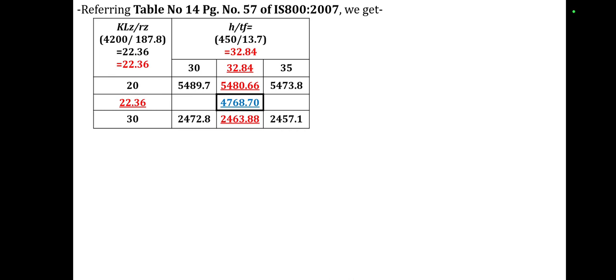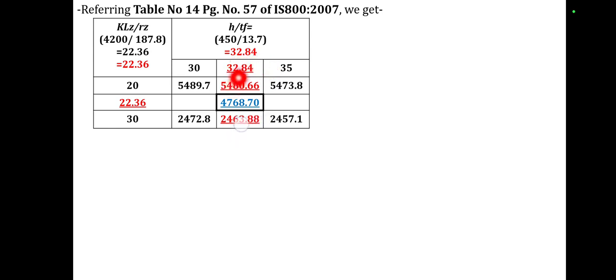So we have to go for a two-way interpolation, that is, the 32.84 value we have to calculate from 30 and 35. As our value of KL upon RZ is 22.7 and it lies between 20 and 30, we first interpolate these two values.